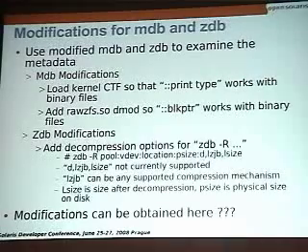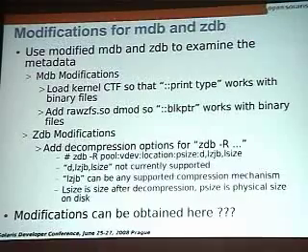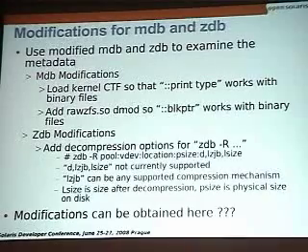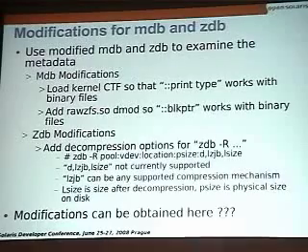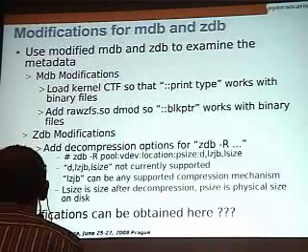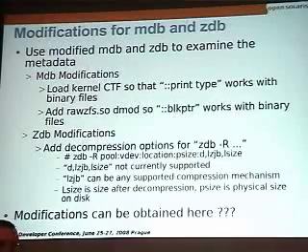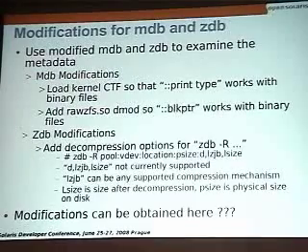So basically the MDB modification is I load the kernel CTF information. This is kind of extended symbol table information. It contains information about structure members so that you can use ::print and print out data structures. Normally, if you try to do ::print on a raw disk or a raw file, it will fail because it doesn't have the CTF information.